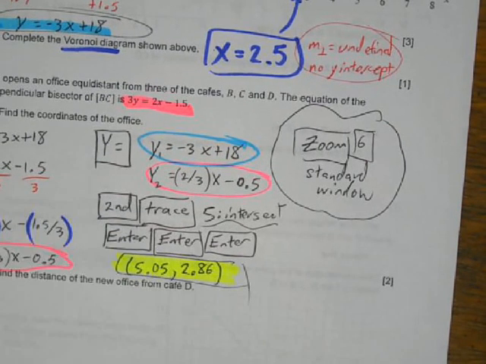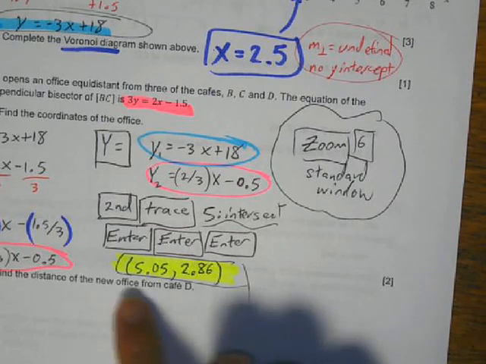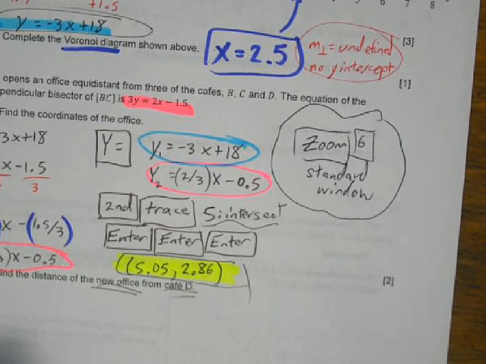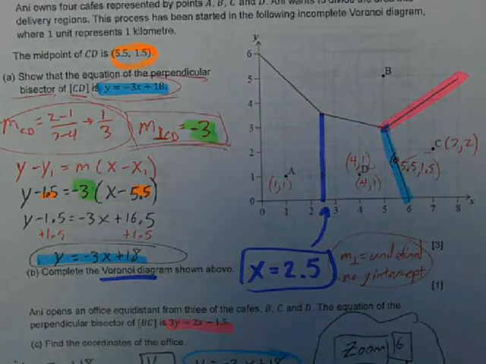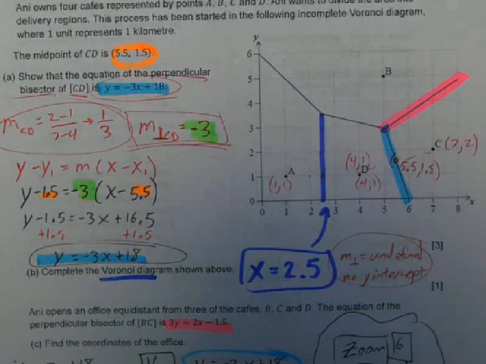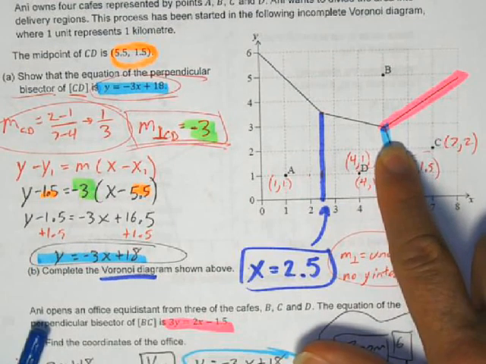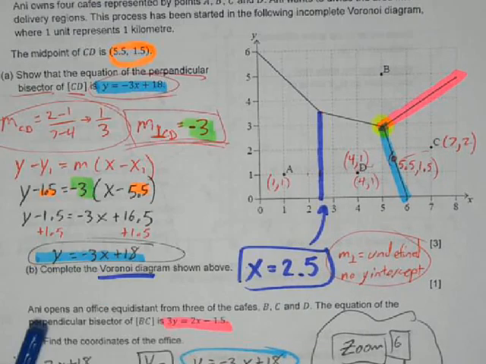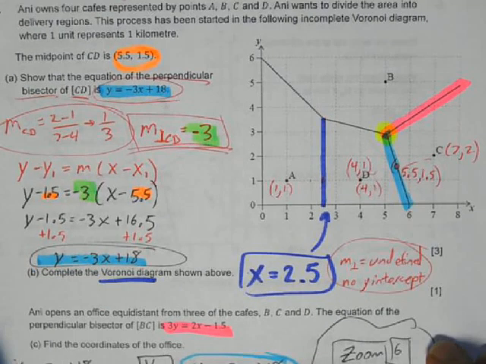Okay, find the distance of the new office to Cafe D. So this new office right there and Cafe D, I'm going to use the distance formula, but I just want to show you something real quick.